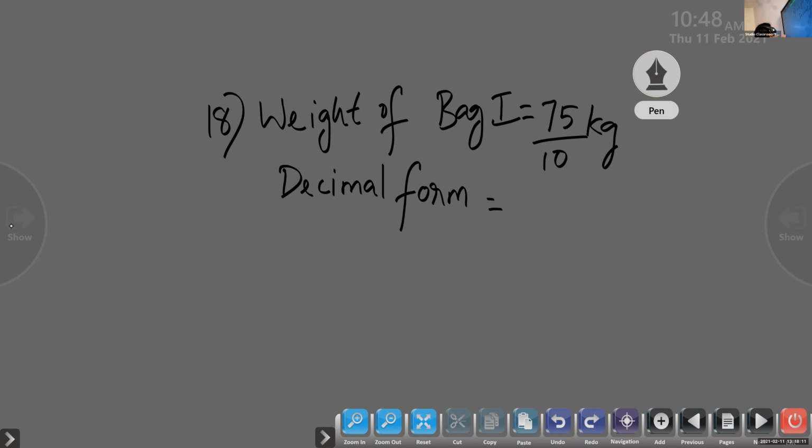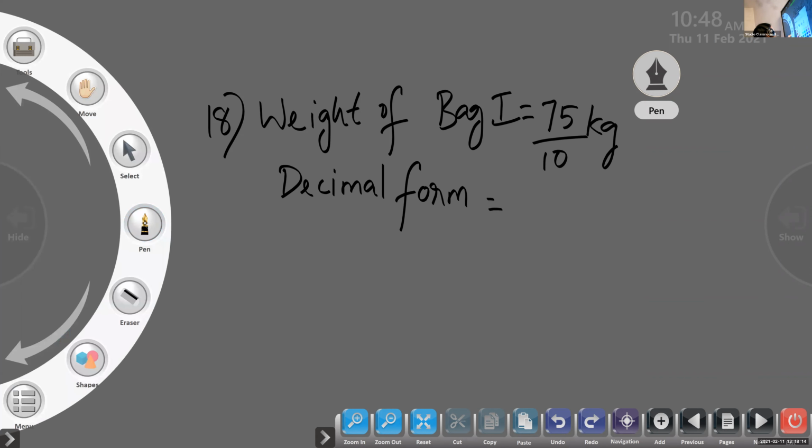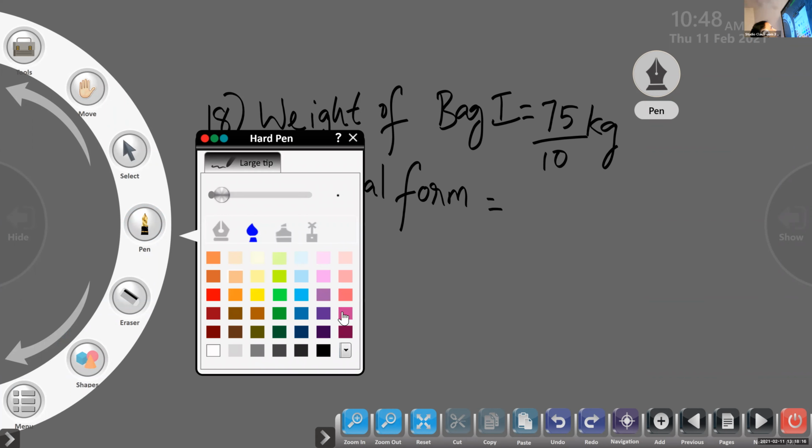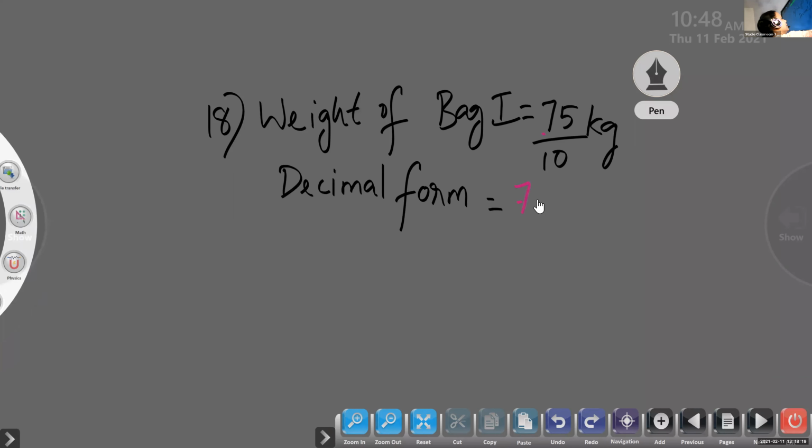We write the numerator here, 75. Look at the number of zeros here, 1. So from the right side to the left side we should move only 1 decimal place. Shift the point 1 digit from the right side. So what's the answer? 7.5 kilogram.